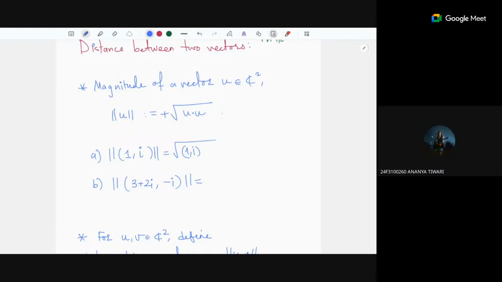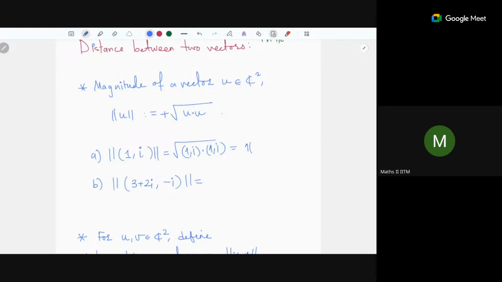0, 0, 1 square by 1 square plus i square, so 0. Right. Is it that? Let's see. So what is this dot product? The dot product is 1 times the conjugate of 1, which is again 1.